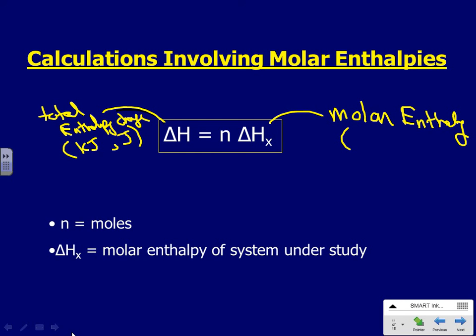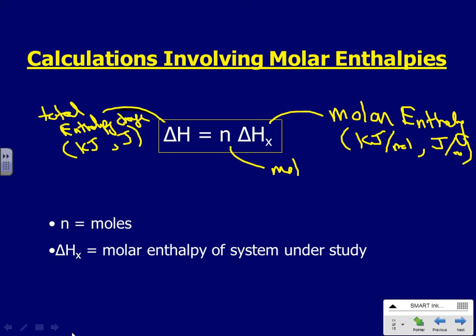If it's per mole, if it's molar, what are the units going to be on this thing? Yeah, kilojoules per mole or joules per mole. And what's the N? Yeah, it's moles. Okay?